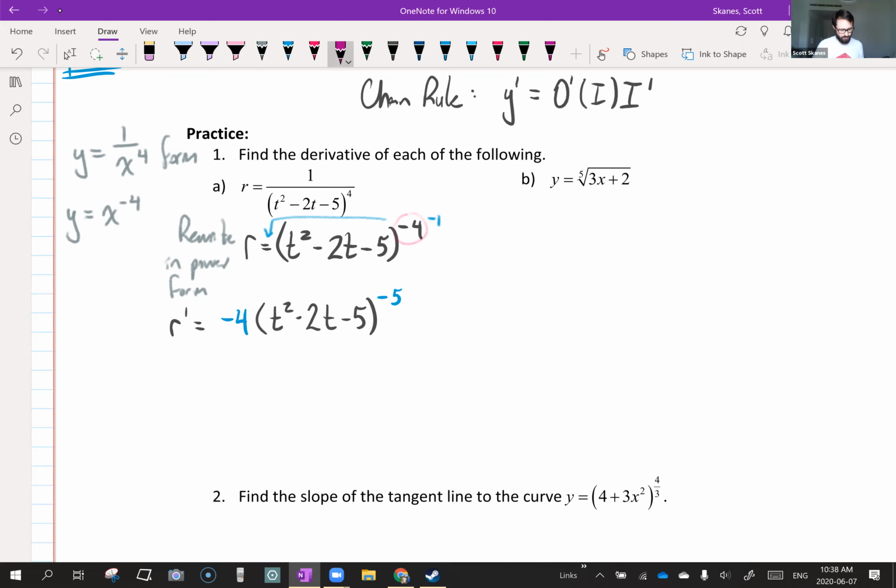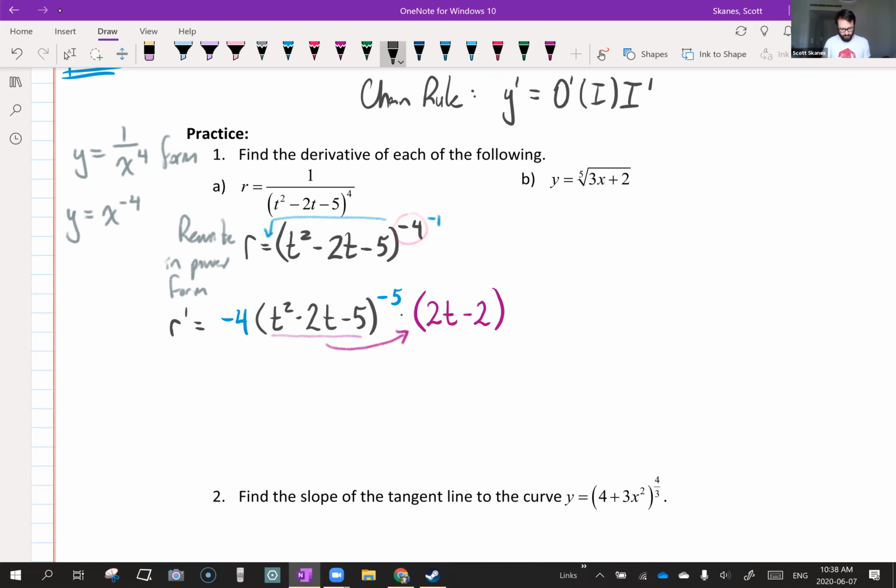And then, this is the part that many students miss. We're not done. Right now, we've done the derivative of the outside. We haven't even done the derivative of the inside, and that's not okay. We always have to get the derivative of every piece. So we need the derivative of this. What's the derivative of that? Well, you should hopefully know by now. It's 2t minus 2.